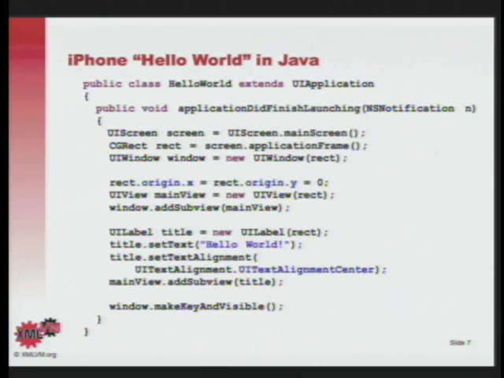You have to override a method called applicationDidFinishLaunching, and the other classes, UIScreen, UIWindow, we have just taken the same names as we found them on the Objective-C side. So we are trying to mimic the API from Cocoa Touch as closely as possible on the Java side to make it easier for a programmer to make that transition.